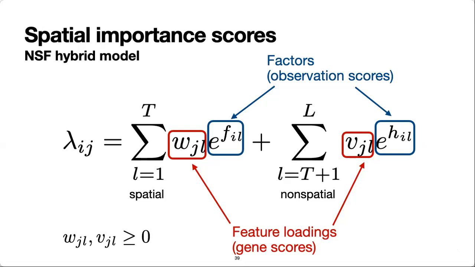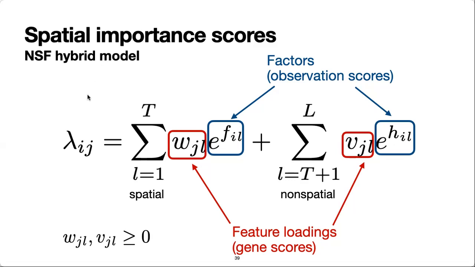So now I want to think about how to quantitatively assess the importance of spatial information as opposed to non-spatial information. So if you are a cell, is it more important what your cell type is, or is it more important what the expression patterns of your nearest neighbors are?